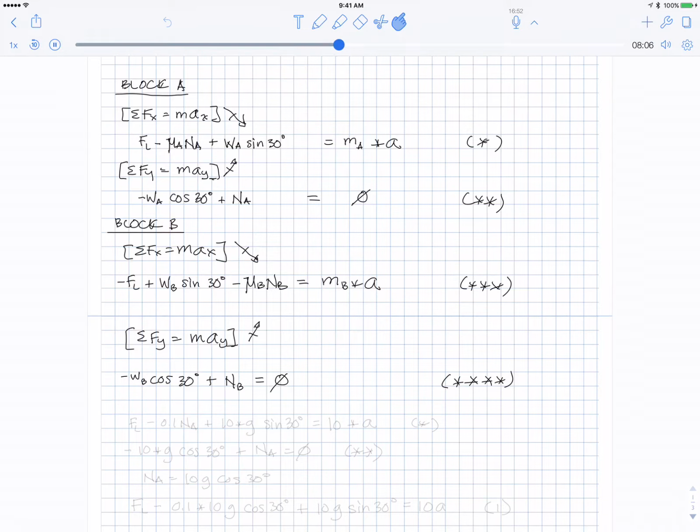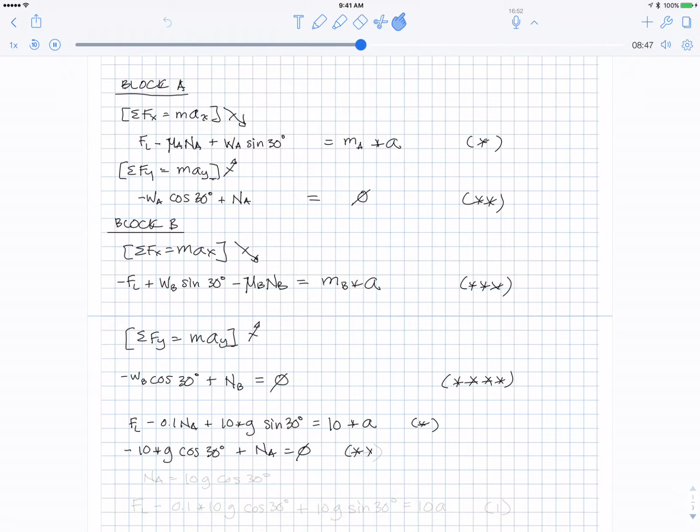So equation star becomes the force of the link minus 0.1 NA plus 10 kilograms times G sine 30 degrees equals 10 kilograms times A. That was equation 1. Equation 2 is minus 10 kilograms times G, the weight, cosine 30 degrees plus NA equals 0.